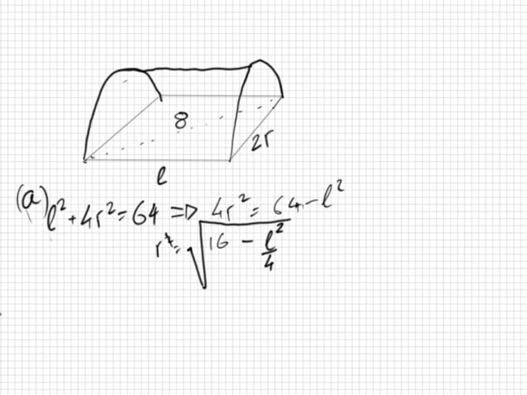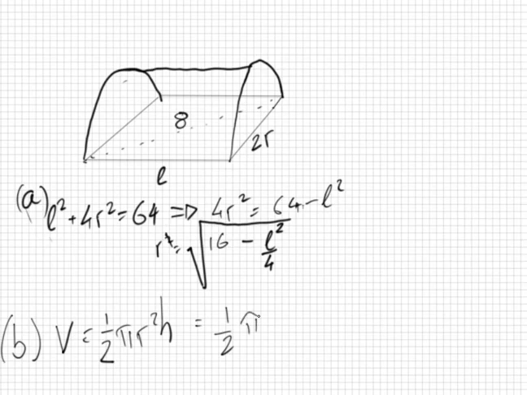Okay. So B part now is calculate the volume. So what shape is this? It's a half cylinder. So the volume of the cylinder is pi r squared h. So a half cylinder would be that. But you have a formula for r from the previous question. So that would be 16 minus L squared over 4. And the height here is actually the L. If you picture this, put it standing up. So right now it's lying down, and then you put it standing up, okay?